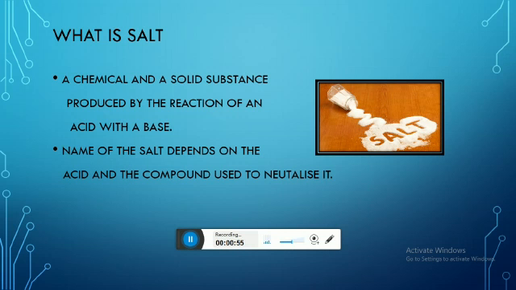So whenever we add acids and bases or alkalis, we can get salt. So the name of the salt depends on the acid and the compound that is used to neutralize it.